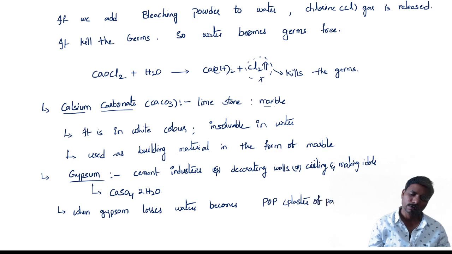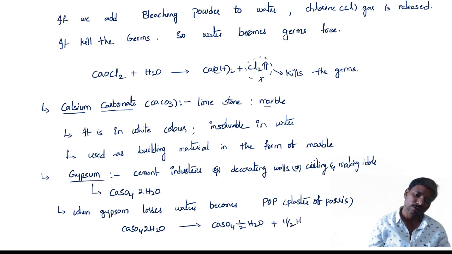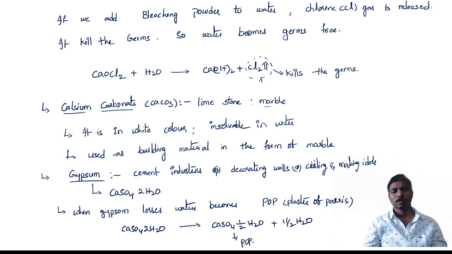CaSO4 2H2O loses water, then you will get CaSO4 half H2O plus 1.5 H2O. So this is the POP. Don't get confused with the formulas: 2H2O is the gypsum, half H2O is the POP.